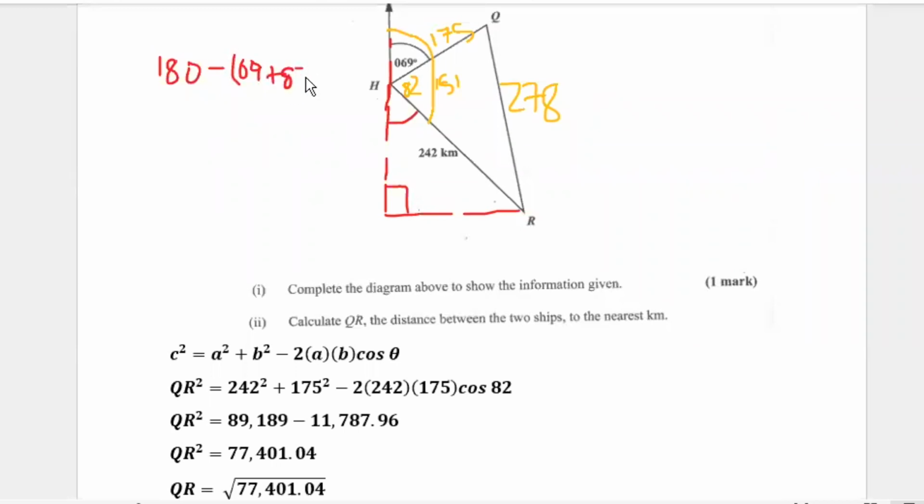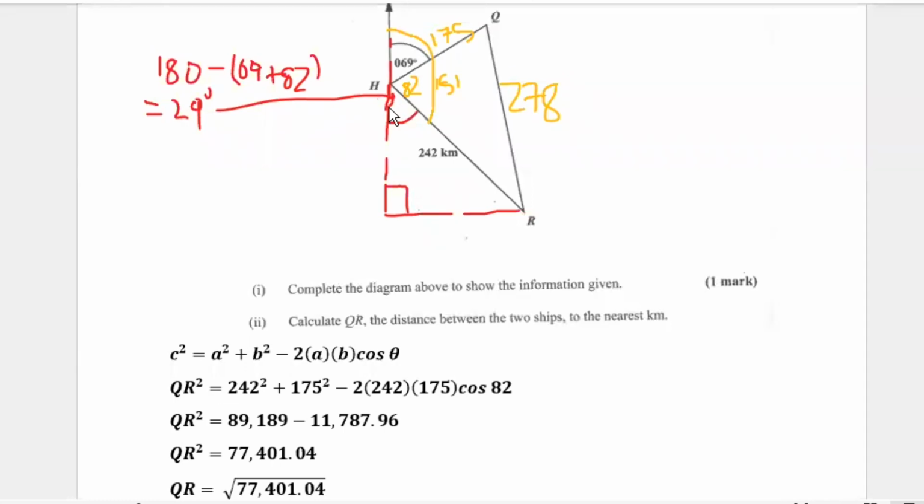So what would be the missing angle there? Very good, 29 degrees. So 29 degrees would be the missing angle here. But that's just a start. So we found out what the missing angle is.